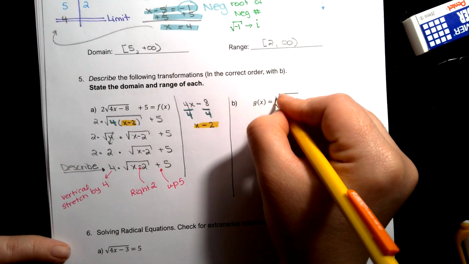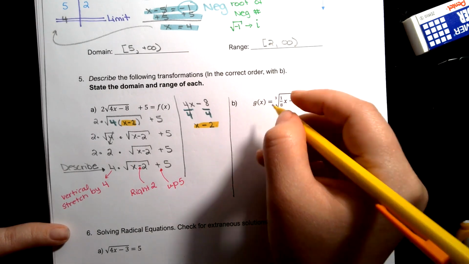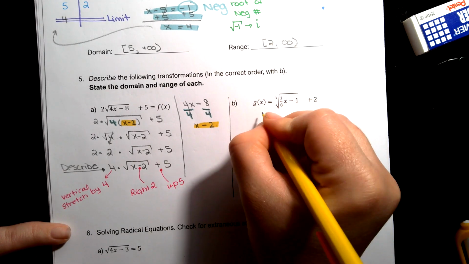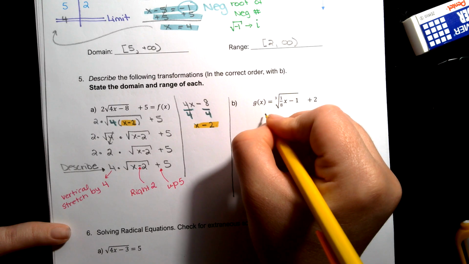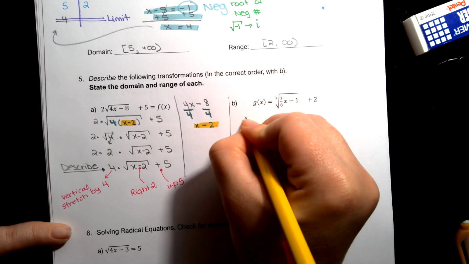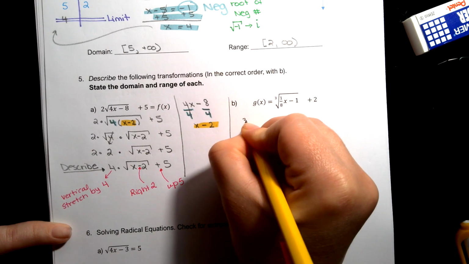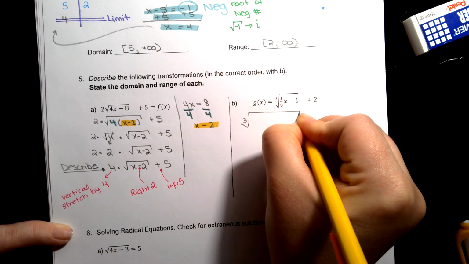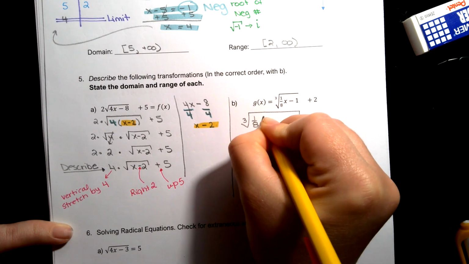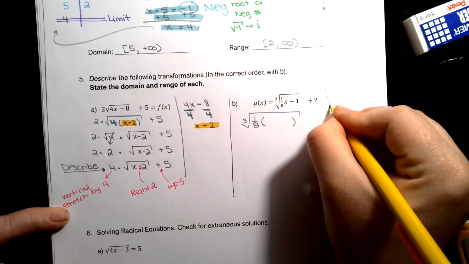Let's go again. This one is a cube root, so be careful here. All right, let's go ahead. Step number 1, let's go ahead and factor out that 1/8. So pull out that 1/8. You're going to have something left over.